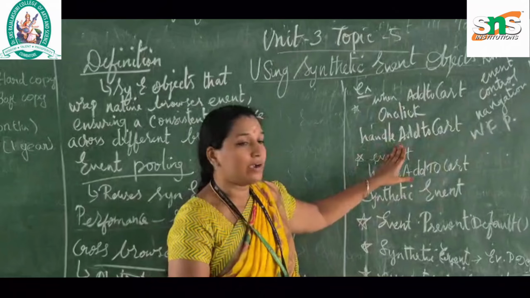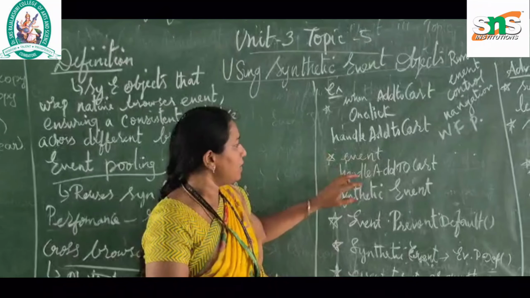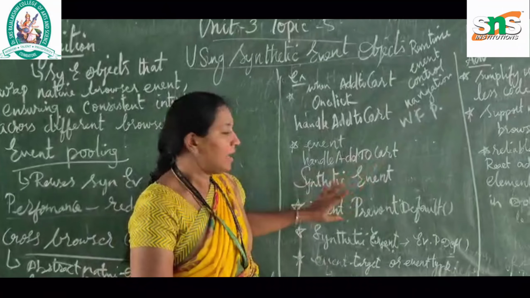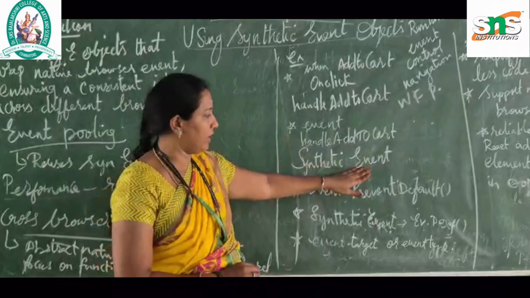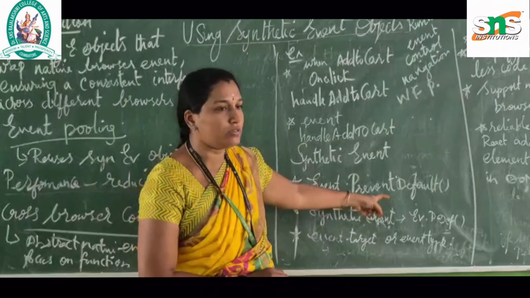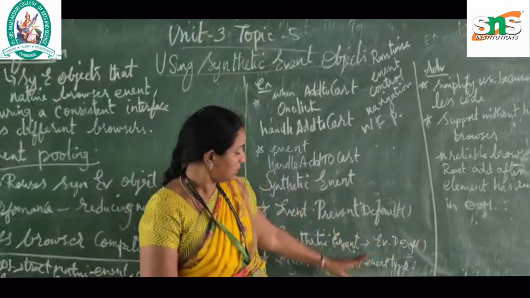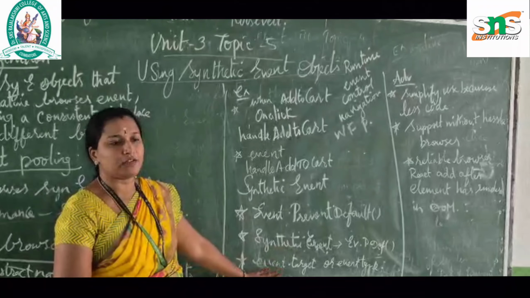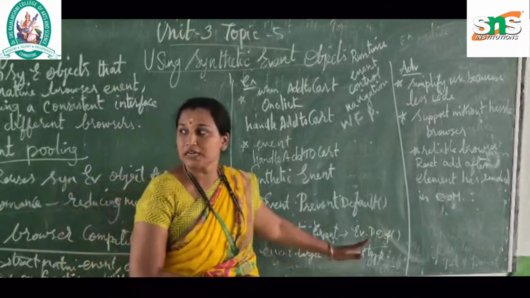The handler is handleAddToCart, and the procedure is the synthetic event, and the next process is event.preventDefault. Here we can see what the synthetic event has done. For example, event.preventDefault happens in this, and the event goes to the target.